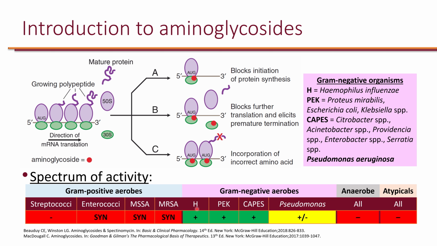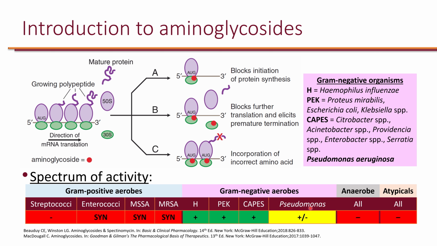So H for Haemophilus influenzae, so they have great activity. For Proteus, E. coli, and Klebsiella, and of course for the HACEK organisms, and that's in general. So Citrobacter, Acinetobacter, Providencia, Enterobacter, Serratia. Now some of these can develop resistance, for example Acinetobacter, but there's a good chance that aminoglycosides will be active against these organisms.